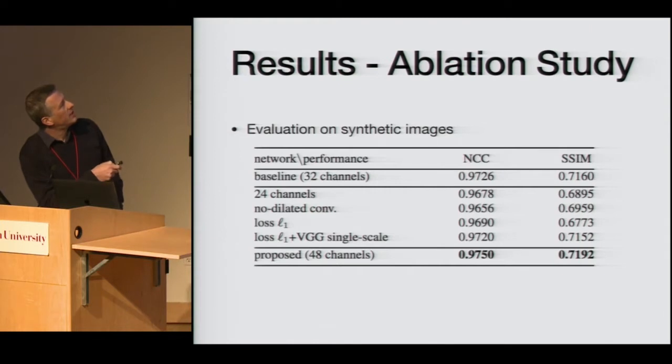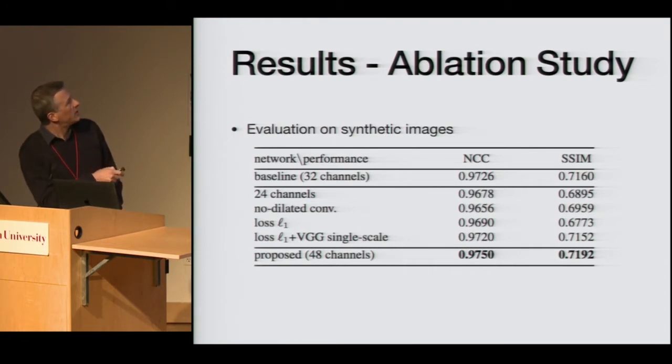We use as baseline a network where every convolutional layer has 32 channels as a reference. And then we can see that if we reduce the number of channels, we lose performance. If we increase them to what is the final network that we use, then we gain performance. If we go even beyond that, we might start to overfit. So we found that this is a good trade-off.